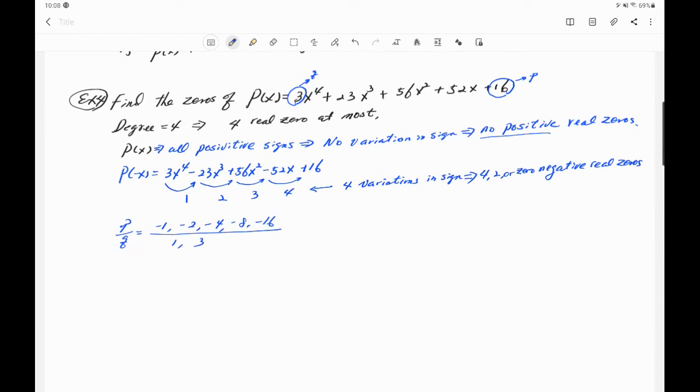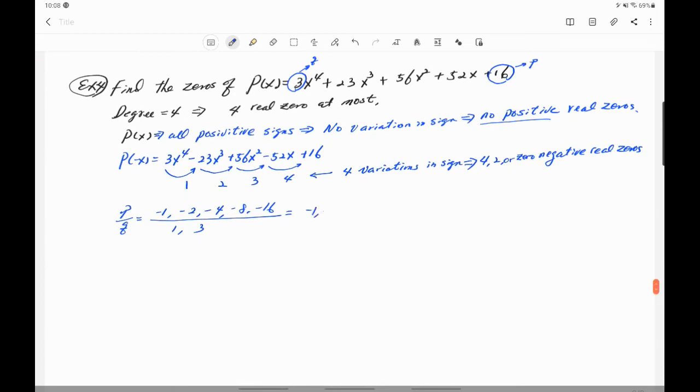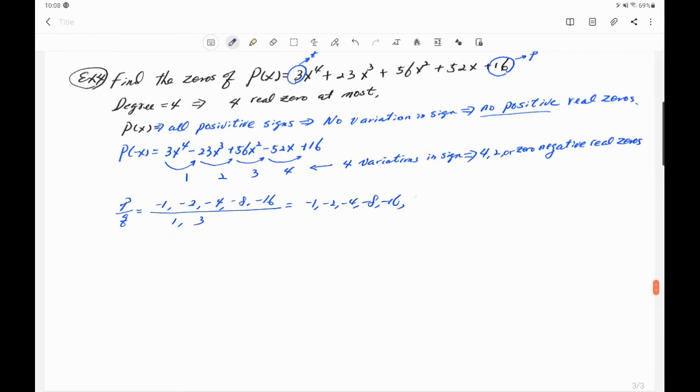The result has to be negative, so the combinations are: negative 1, negative 2, negative 4, negative 8, negative 16, and negative 1 over 3, negative 2 over 3, negative 4 over 3, negative 8 over 3, finally negative 16 over 3. So these are the possible real zeros.